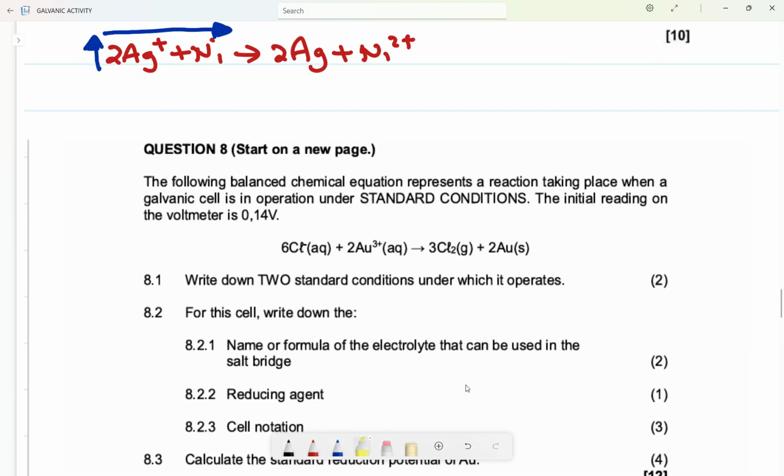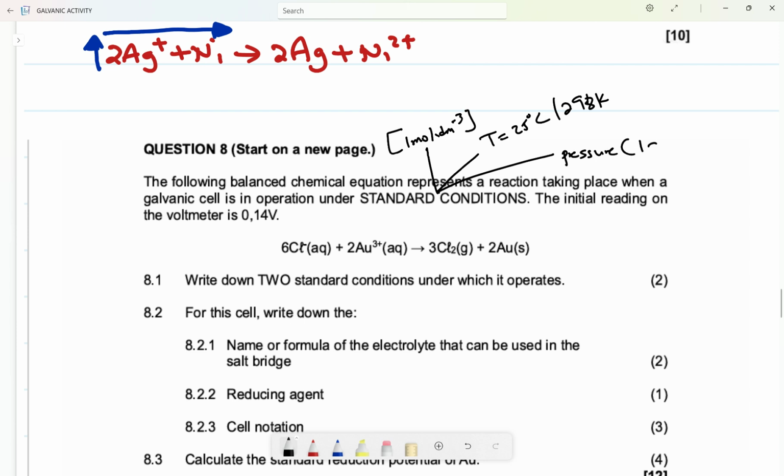I'm doing two at the same time because they are not that long. It says the balanced chemical equation represents a reaction taking place when a galvanic cell is operating under standard conditions. Okay, what are standard conditions? Concentration of 1 mole per decimeter cubed, temperature of 25 degrees Celsius or 298 Kelvin, or pressure of 1 atmosphere or 101.3 kPa.